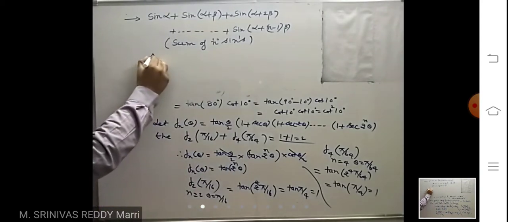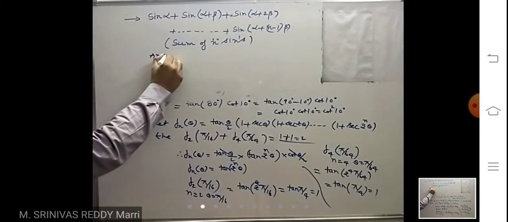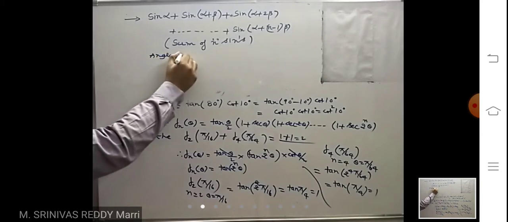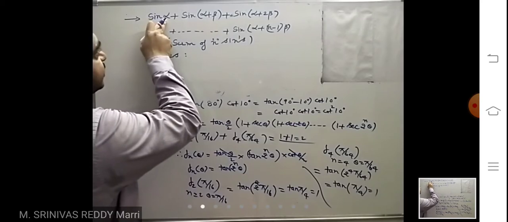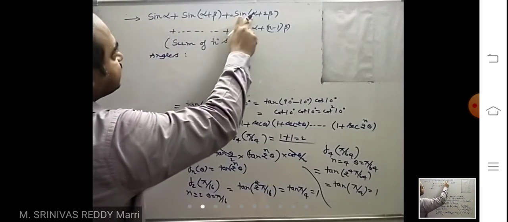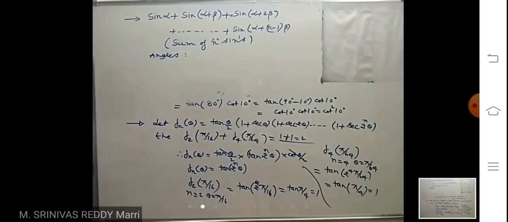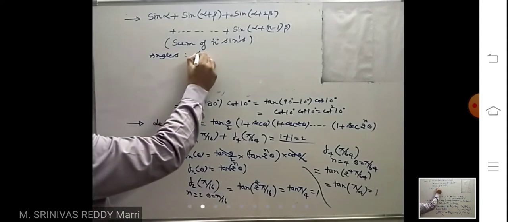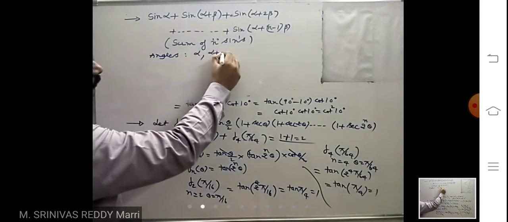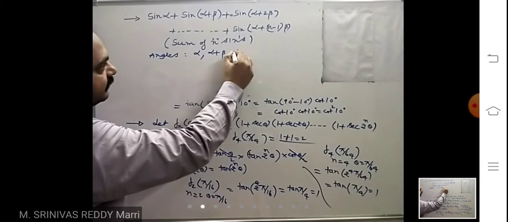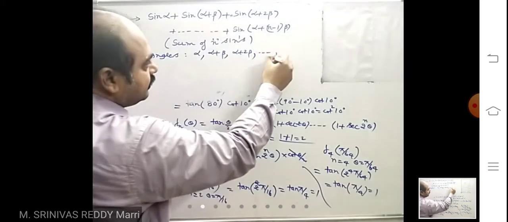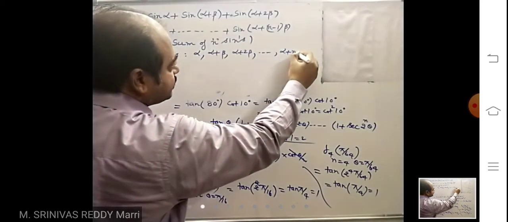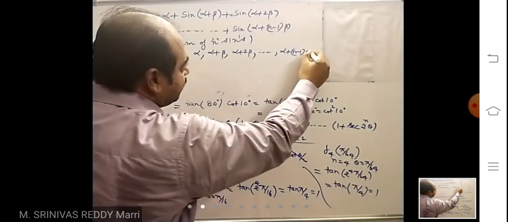Here, look at the inside angles. This is the first sine, second sine, third sine, and so on, up to the nth sine. The angles are alpha, alpha plus beta, alpha plus 2 beta, and so on, alpha plus n minus 1 beta.